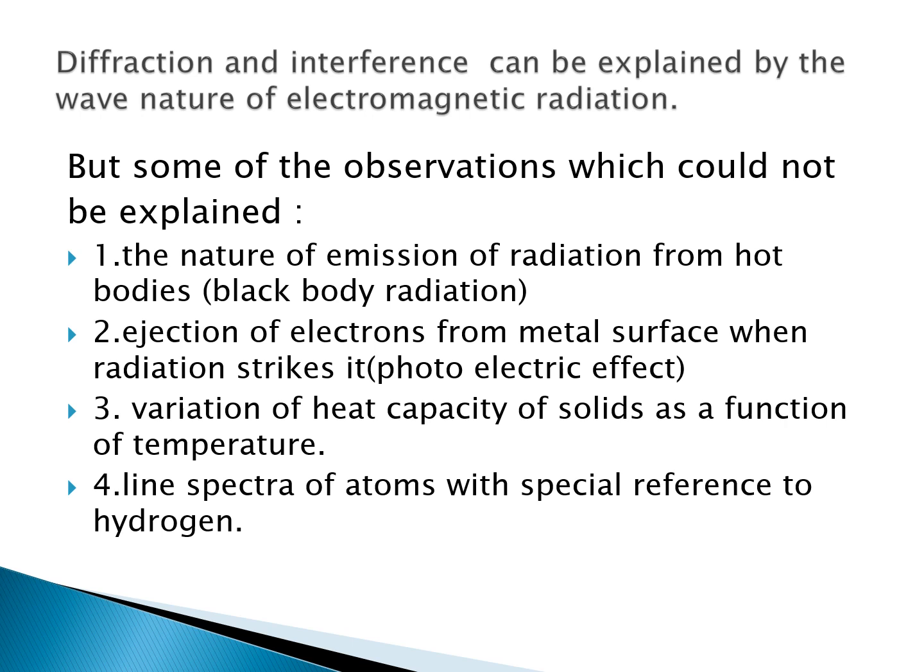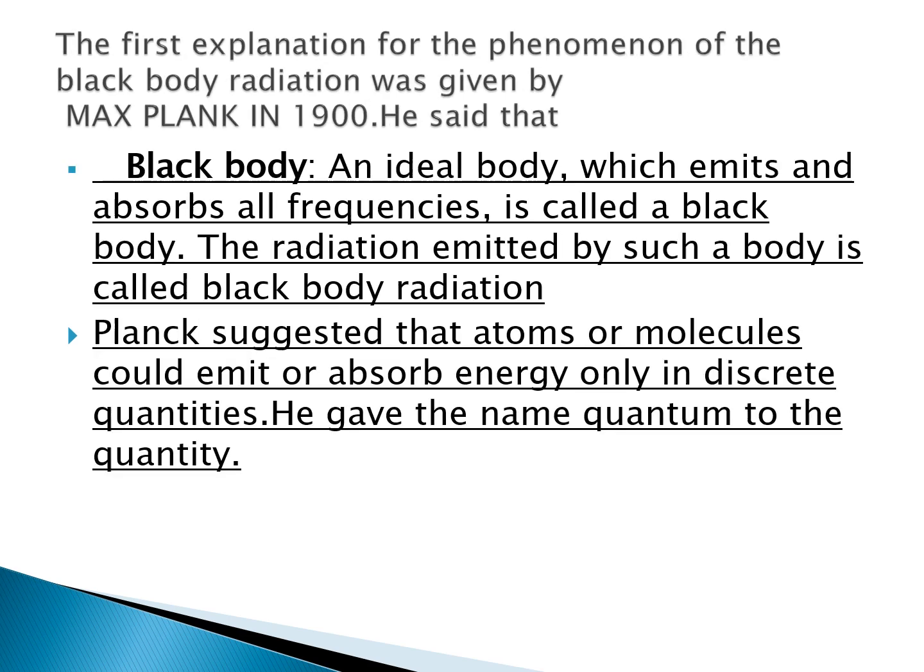Third, the variation of heat capacity of solids as a function of temperature. And fourth, the line spectra of atoms with special reference to hydrogen. These four observations could not be explained by the wave nature of electromagnetic radiation, and that is why the particle nature of electromagnetic radiation was proposed. The first explanation for the phenomenon of black body radiation was given by Max Planck in 1900.